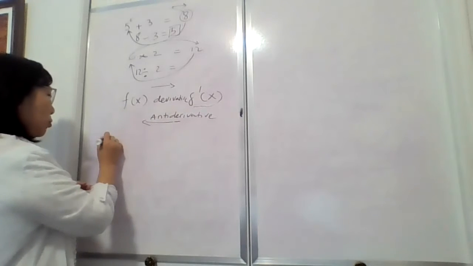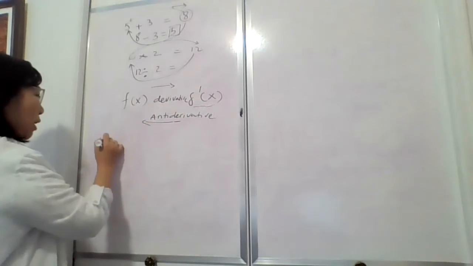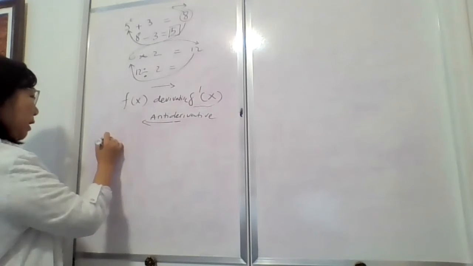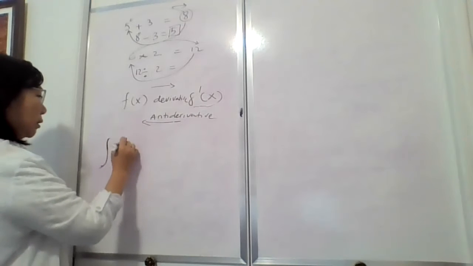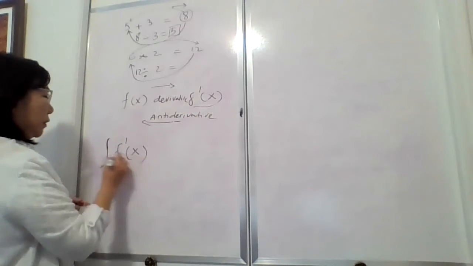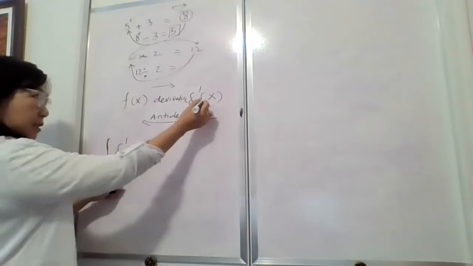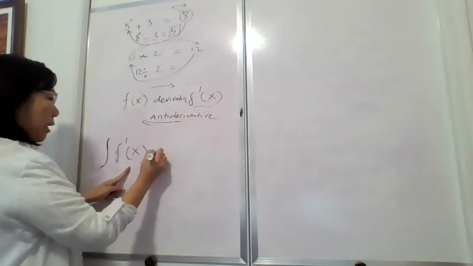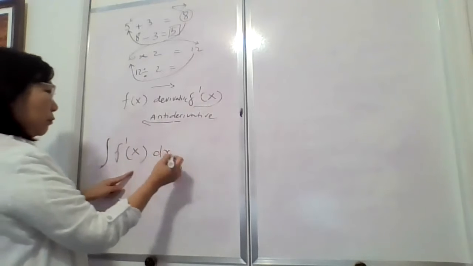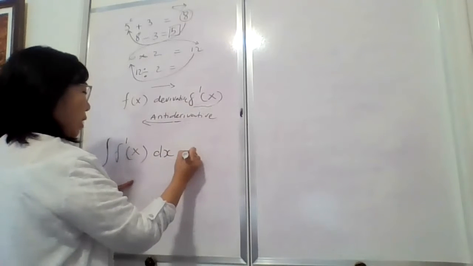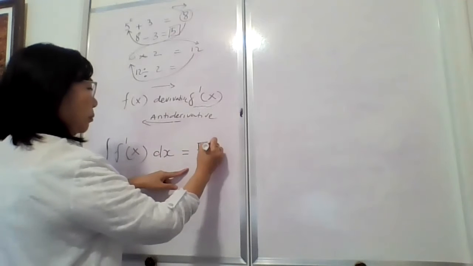That undo we call integration. So you have this notation, which is like a long S, and you take the antiderivative, the integral of f prime of x, with a dx, right? Because before we had dy over dx. Now it gives back to you the f of x function.